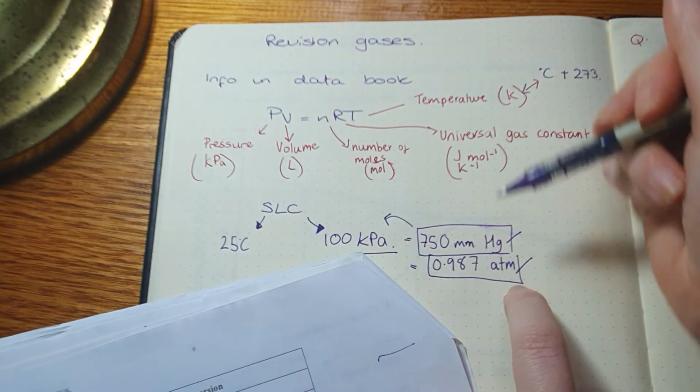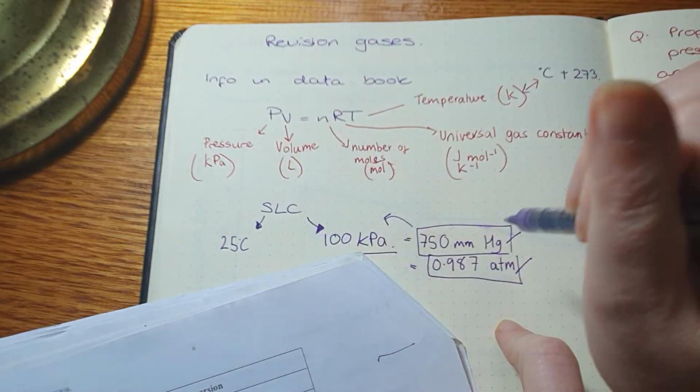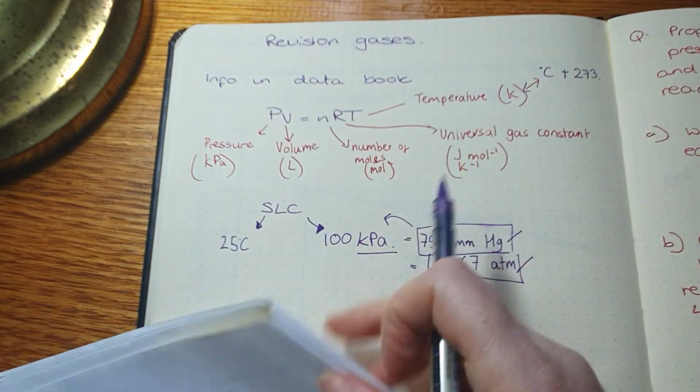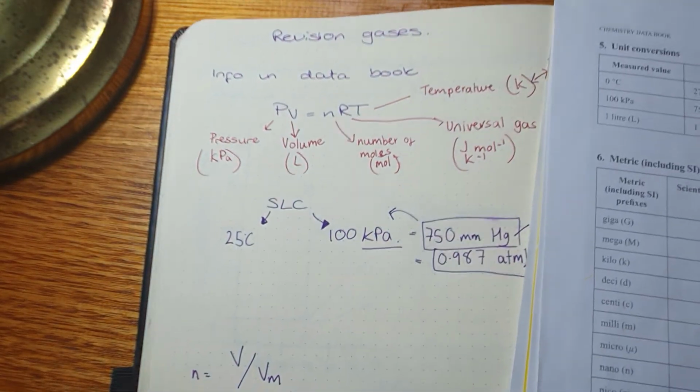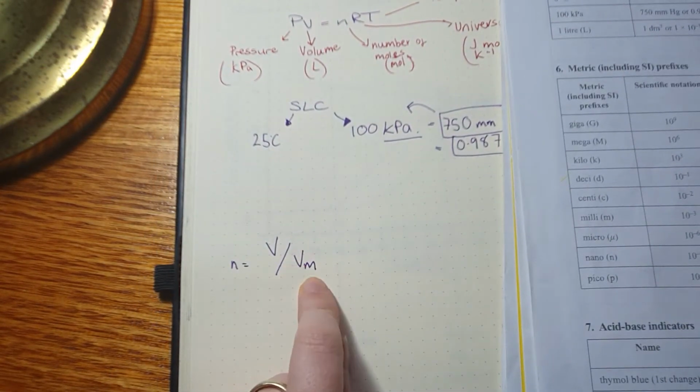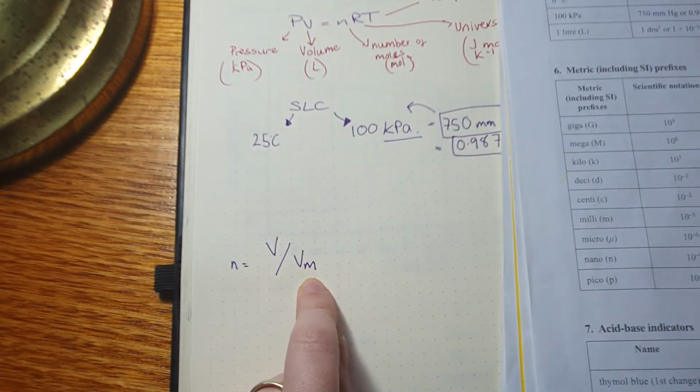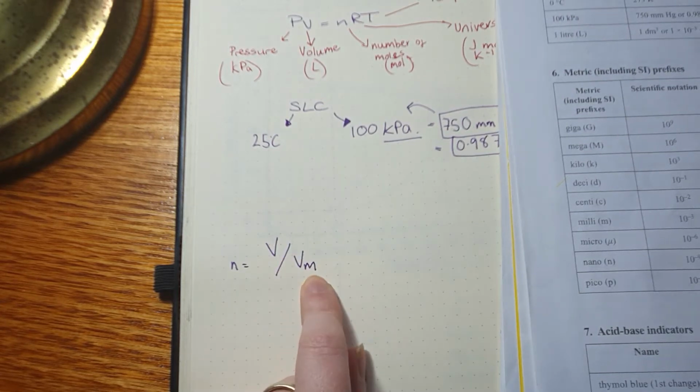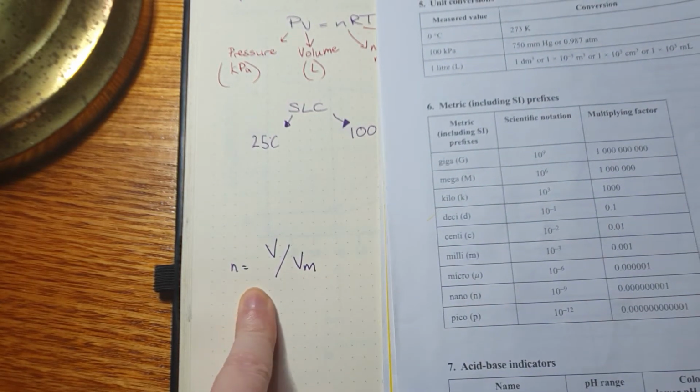So if it's not, then you use this. If it is standard lab conditions, use volume over molar volume, which gives us our number of moles.